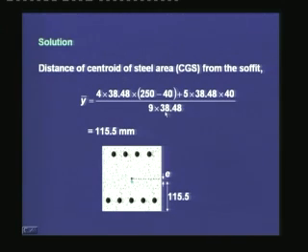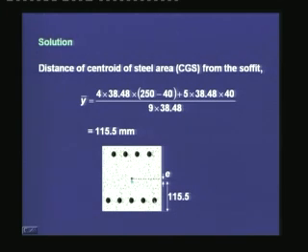Now, once we know these geometric properties, we can calculate the location of the centroid of the steel. This expression comes from the concept of the first moment of area. That means we are calculating the location of the CGS by calculating the location of each of the tendons, and once we get the location of the CGS, we can calculate the eccentricity, which is the distance between the CGS and the CGC.